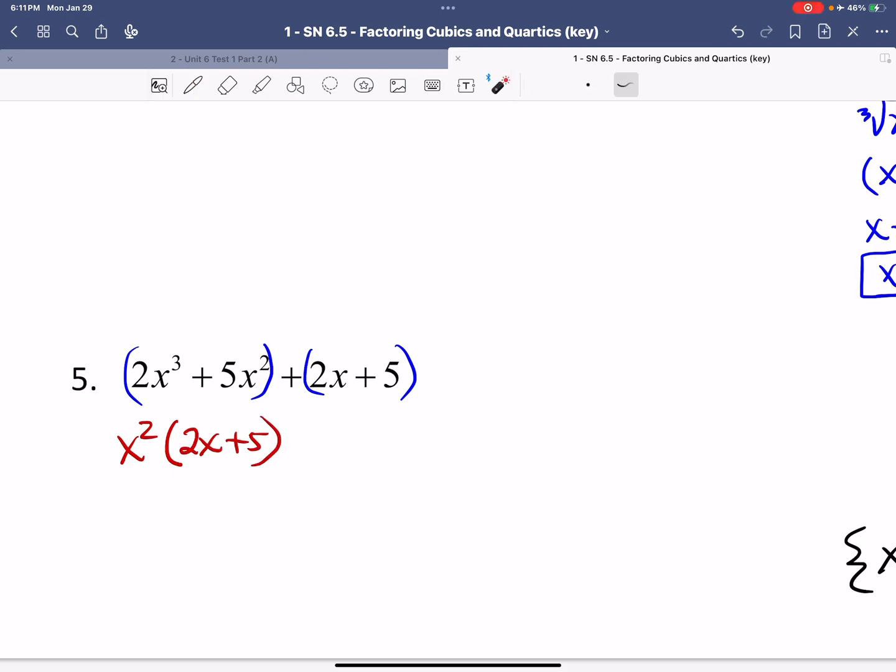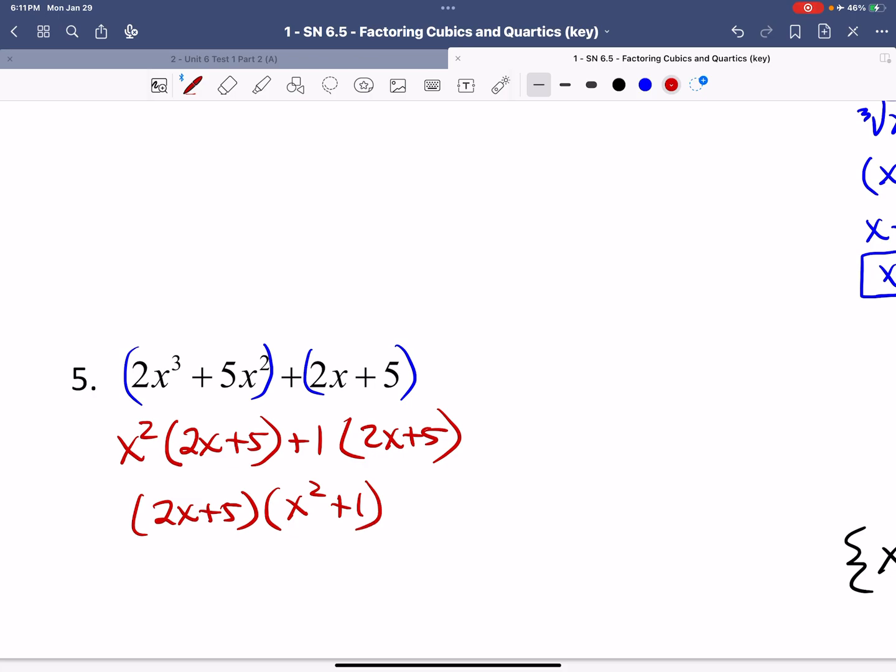Okay, remember over here, I can't factor anything out, but you have to at least take out a 1. So we're going to factor out a 1 and get 2x plus 5. So when I factor these, my final factors are going to be 2x plus 5 times x squared plus 1. Okay, and then that's all I'm asked to do. I'm not asked to solve because it doesn't equal 0.